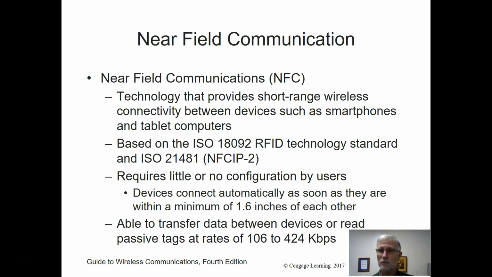It provides short range wireless connectivity between devices. It's based on 18092 RFID technology and a 21481 ISO standard. It requires little or no configuration by you other than turning the feature on, and you have to be relatively close to each other, about an inch and a half away.